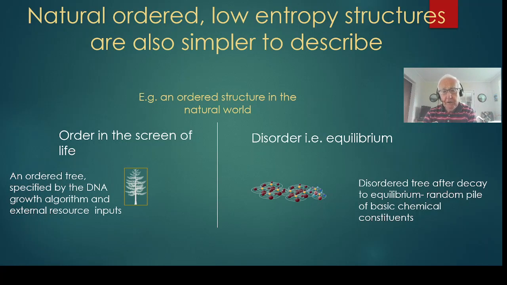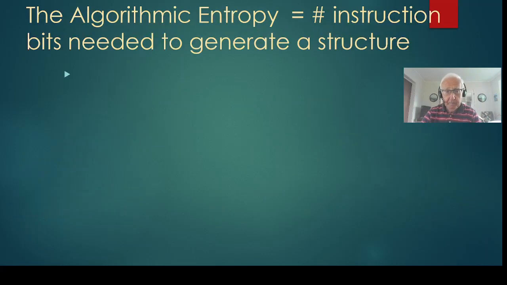And the disordered state is on the right. After the energy is turned off, the tree decays to a random pile of basic chemical constituents, and that's the equilibrium that it returns to on death.